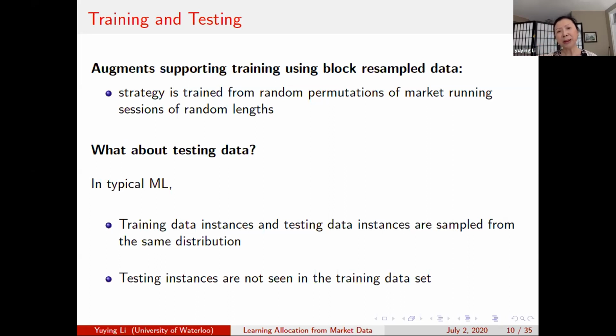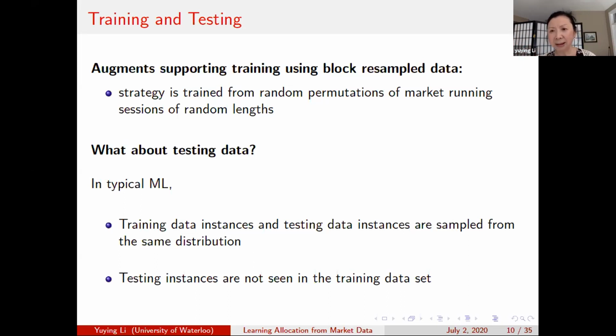Essentially, we have this one path of market return realization, and our augmented market scenario, you can think of it as market running sessions of random length, randomly permuted and concatenated together. So in some way, it comes from the market over different lengths of time periods, and there's some rationale one would think this is a reasonable approach. So that's our approach to generate data to train our optimal allocation strategy.